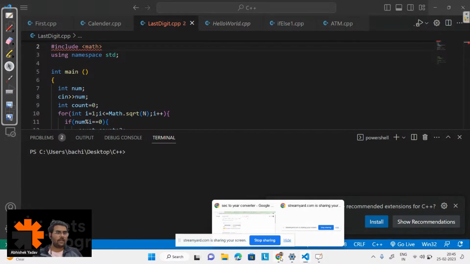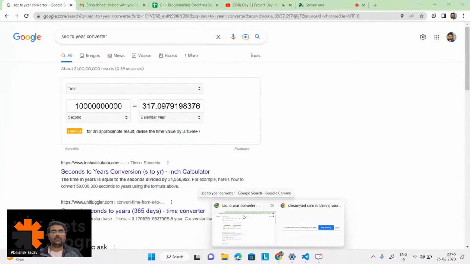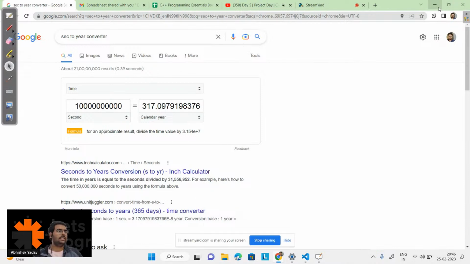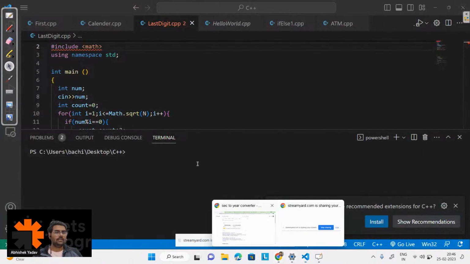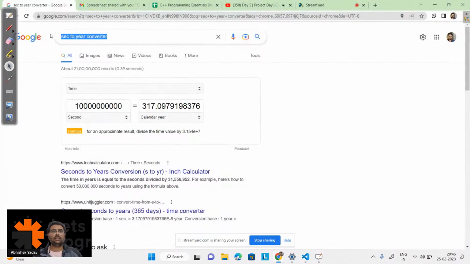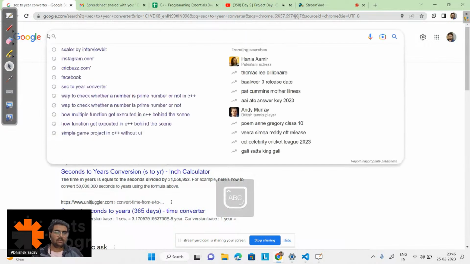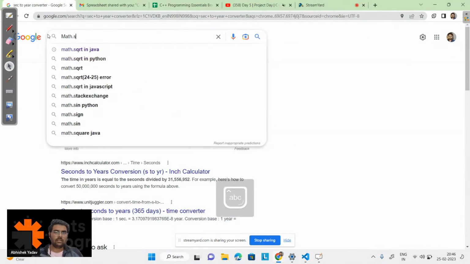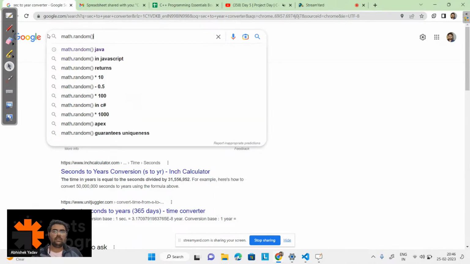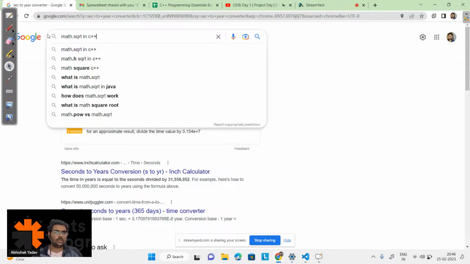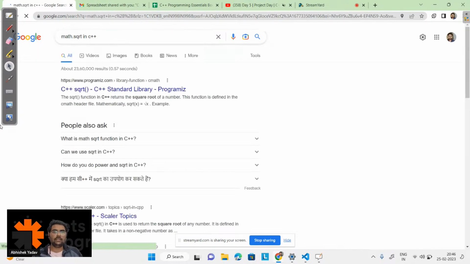What is the library name, guys, to check whether? Okay, let's write like this. Let's see here. Math dot square root. One minute. In C++, okay, I will use one inbuilt library. So I have to use the square root library.